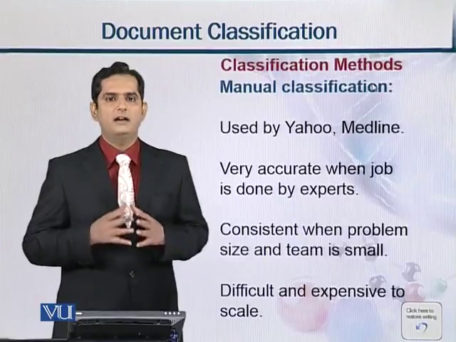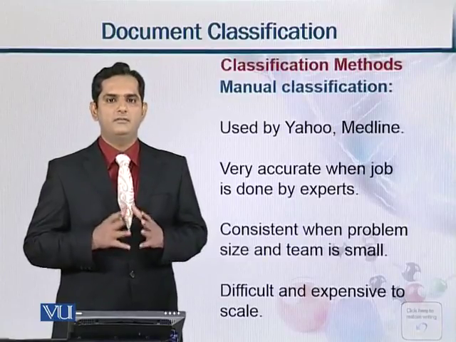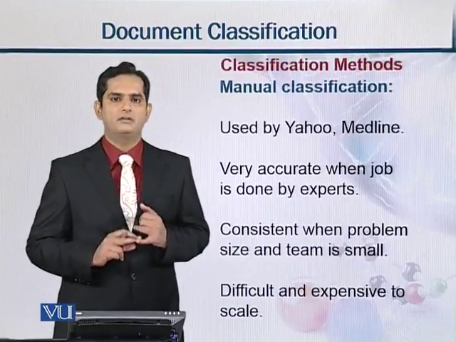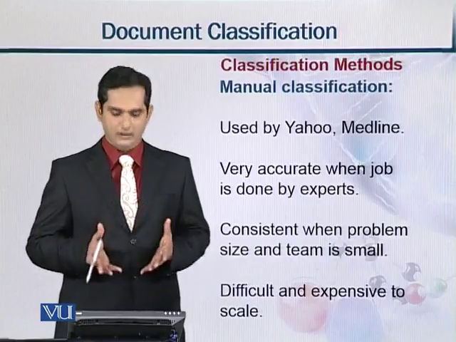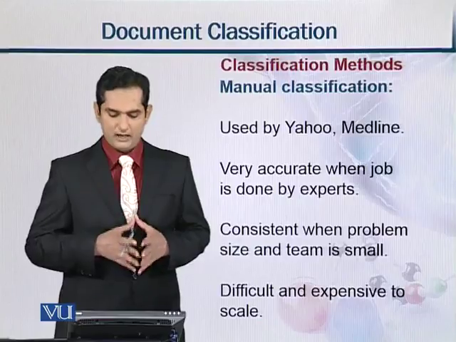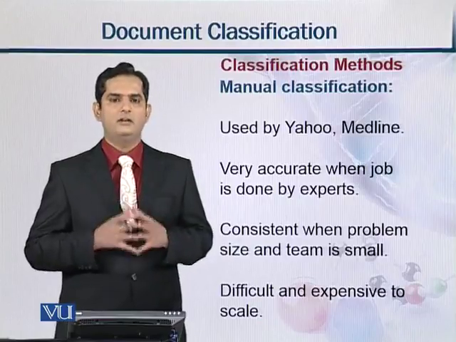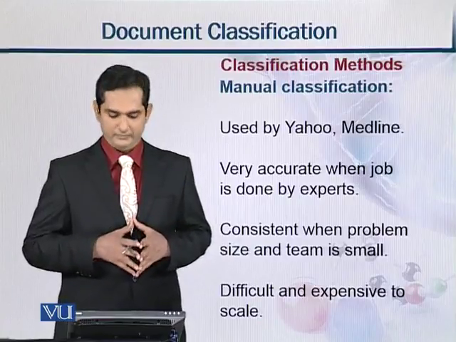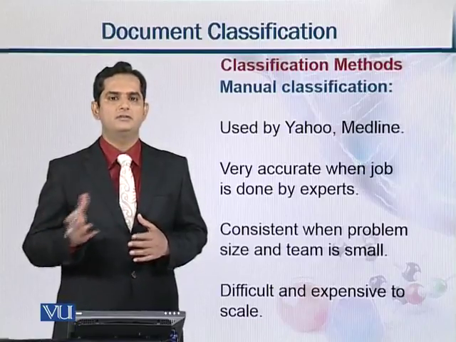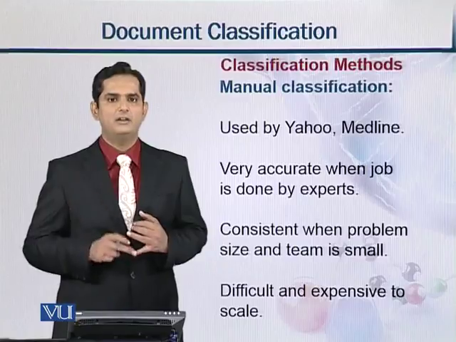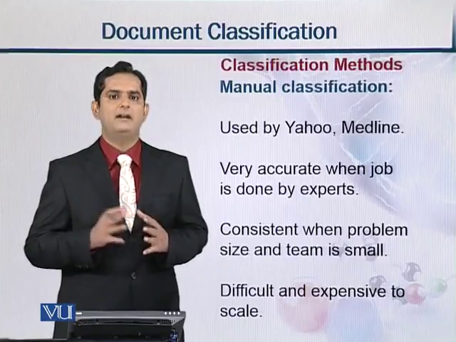So what are the different classification methods available? Number one is manual classification. Manual classification is done by human experts, based on common knowledge present in the world. This classification is used by search engines such as Yahoo, and for biological data it is also used by the Medline corpus.